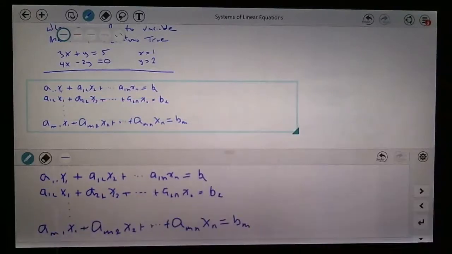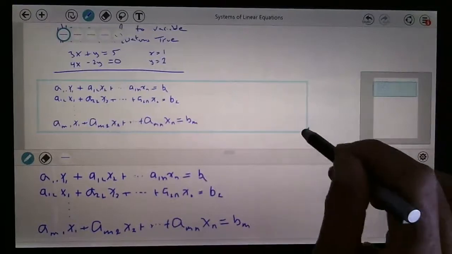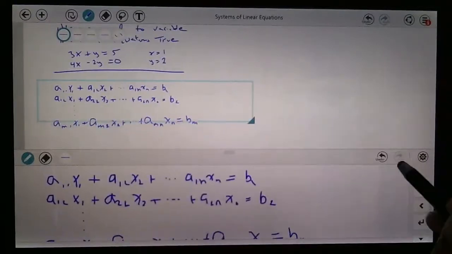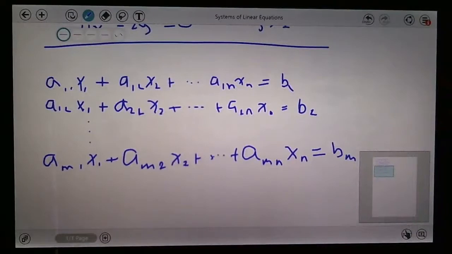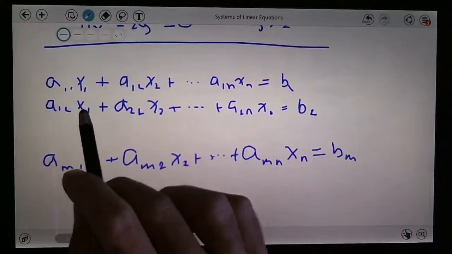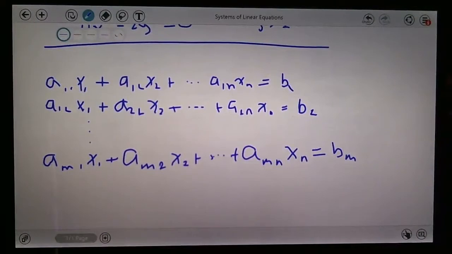I can make it all look bigger by closing this and zooming in. So that's my system. It has n variables and m equations, so they look very rectangular.